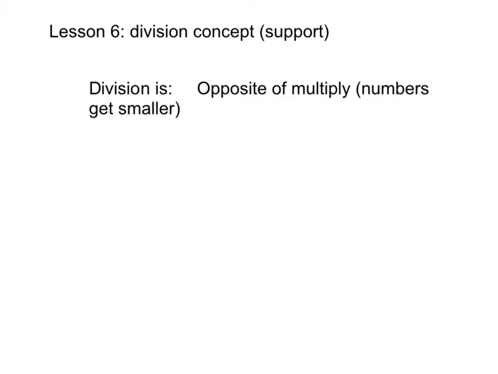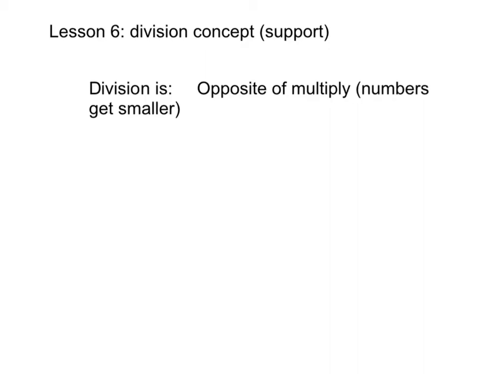As you've been learning in the last couple of lessons, multiply is the shortcut for repeated addition. If you're going to add a number together over and over again, it's faster just to multiply it together. Well, division is the opposite of that. If you're going to cut things down repeatedly or subtract repeatedly, then you would be doing division.